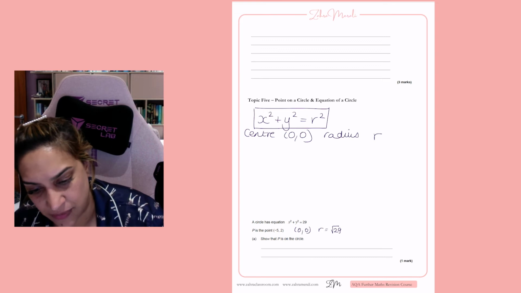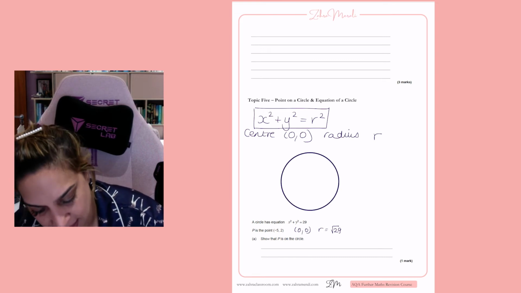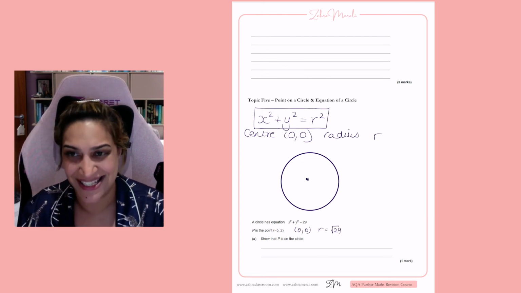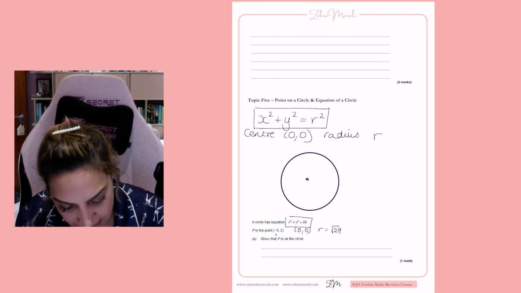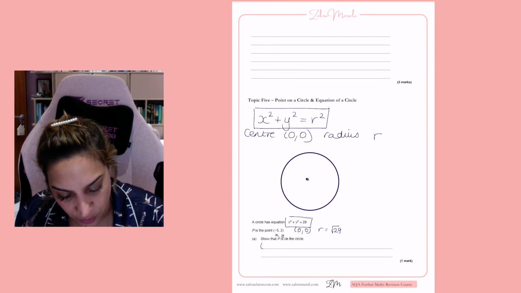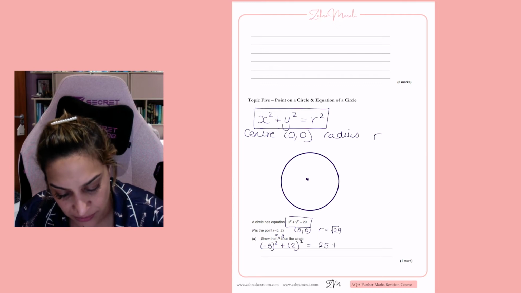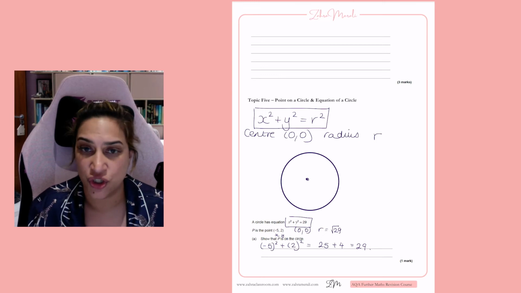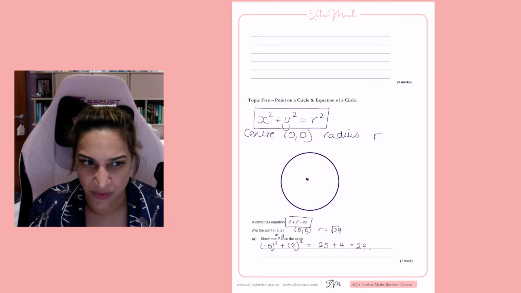So I have my circle, I have my center, and I know this coordinate here is somewhere on the circle, which means it satisfies this equation. This is the x, this is the y. So I've got minus 5 squared plus 2 squared, which gives me 25 plus 4, which equals 29. So therefore I have shown that it satisfies that equation. It really is that straightforward.